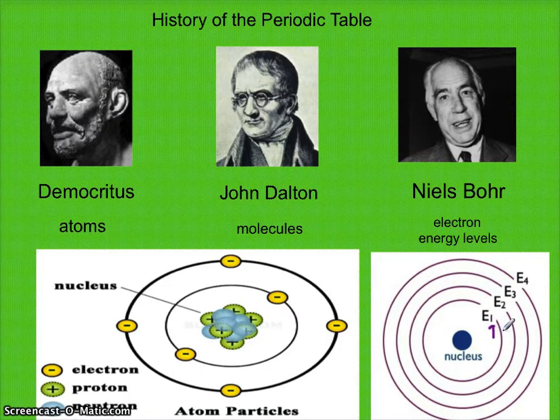The electron could be on this level, the electrons could be on this level, and he said that for them to be on their outermost levels, you have to have some kind of energy that goes with it. So these electrons, the faster they are moving, the farther out they are. And he was getting there. It's not completely true, but he was right that they do appear to have energy levels.